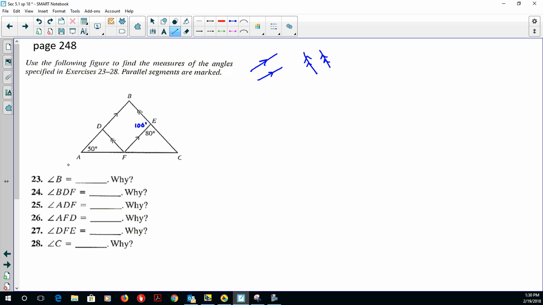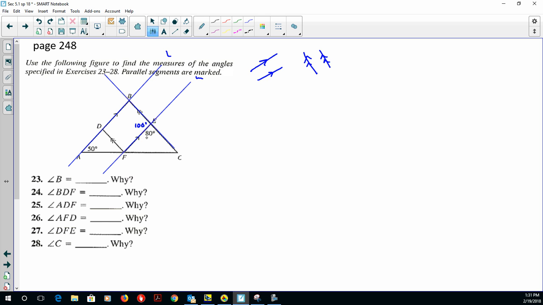Okay. Here I have two lines, L and M maybe, and they're cut by a transversal, BC. And this angle here at E, that 80-degree angle, and this angle are corresponding angles.